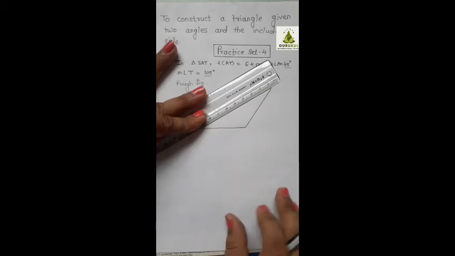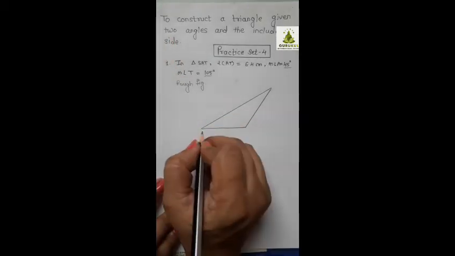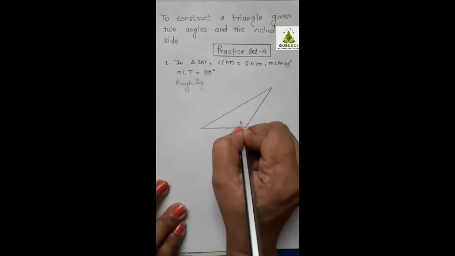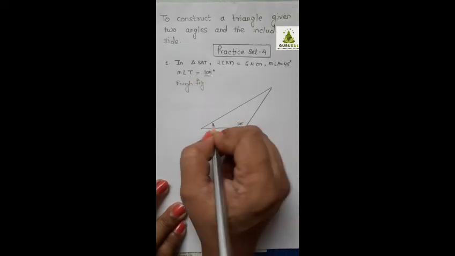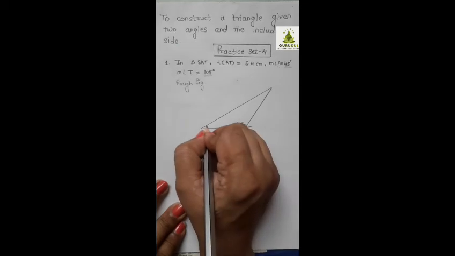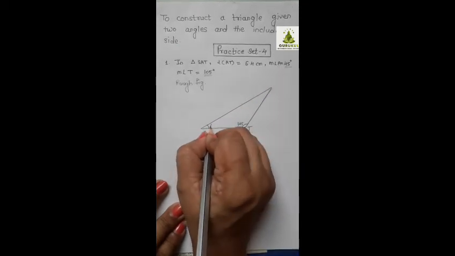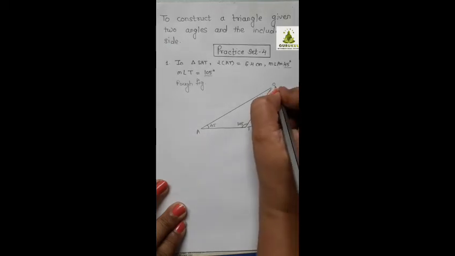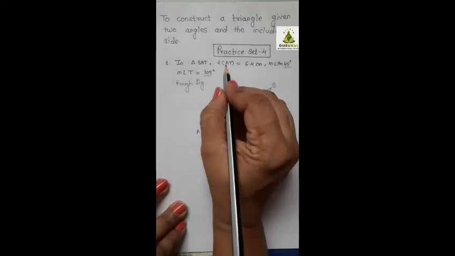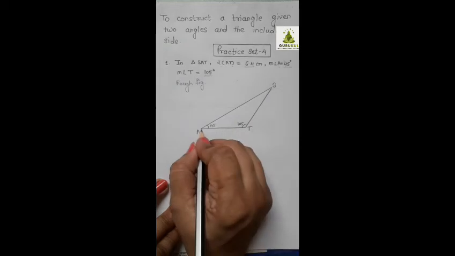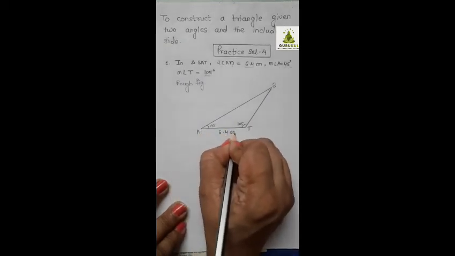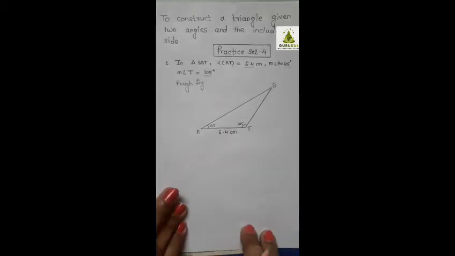So here I have drawn one rough figure where our angle T will be 105, angle A is 45 degrees and the remaining point will be S, and this length AT is 6.4 centimeters.